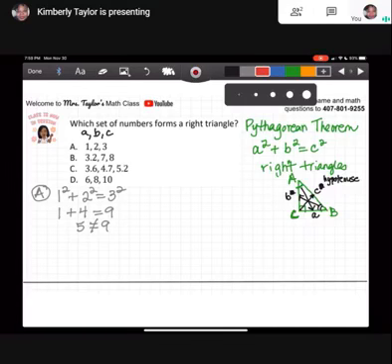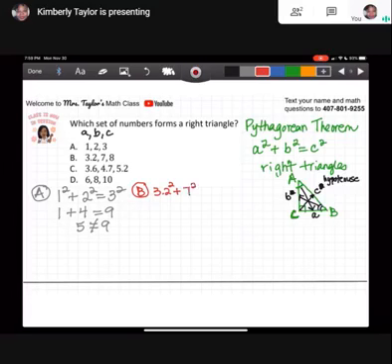Let's go to B. So for B, we have 3.2 squared plus 7 squared is equal to 8 squared.